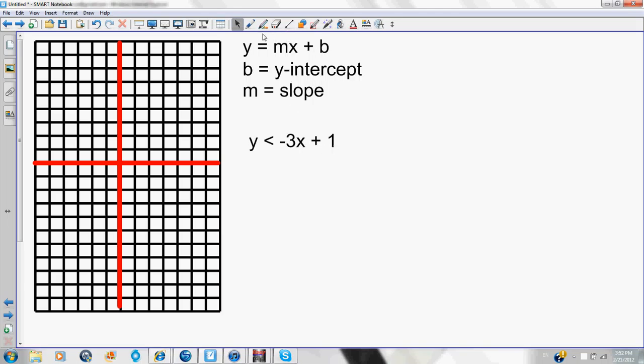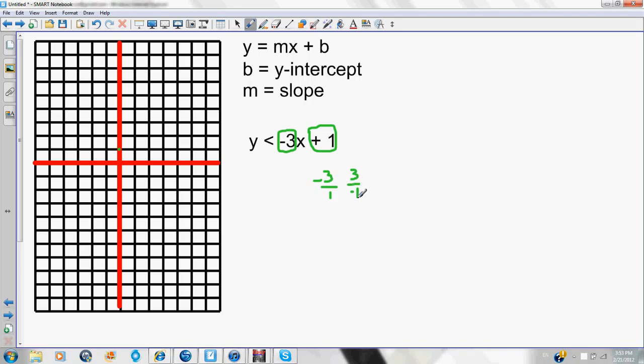So what is the y-intercept of this one? That would be plus 1. So we come over here to the origin. Plus 1 means that we should go up 1. So we put our dot here at 1. Our slope is -3. -3 is the same as -3 over 1, or it can be 3 over -1.